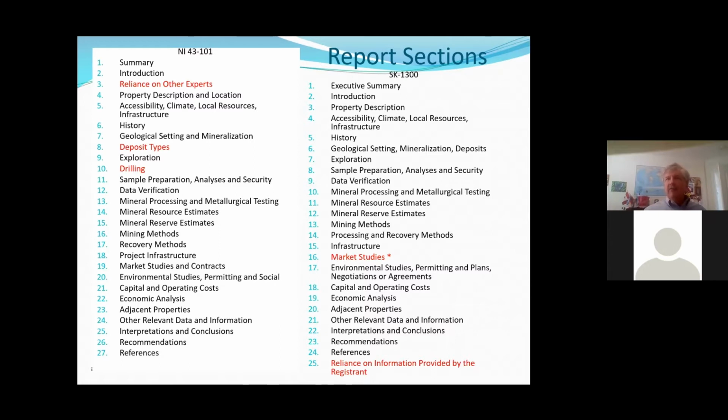If the registrant provides that information in good faith to the qualified person, and the qualified person is responsible for reading that, but if that is provided in good faith, the qualified person, I believe, cannot be held responsible for what was provided by the registrant. If the qualified person were to contract those services directly, he or she would assume full responsibility for anything that their subcontractors did because they are providing it to the registrant.